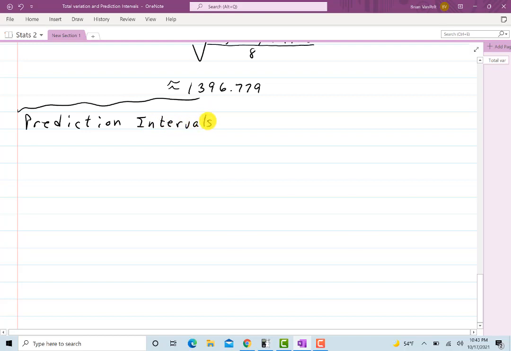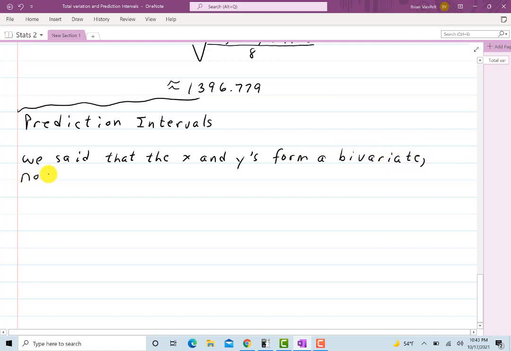And what we want to do, we said that the x and y's form a bivariate normal distribution.